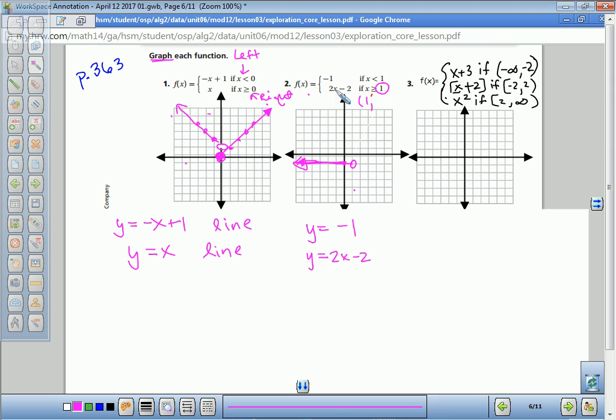If I plugged in 1, where do I start? 1 times 2 is 2, minus 2 is 0. So I get to start at the point (1, 0). And then this is a line, so I just do the slope: up 2 over 1. And because it's x values that are greater than 1, I'm allowed to go right.